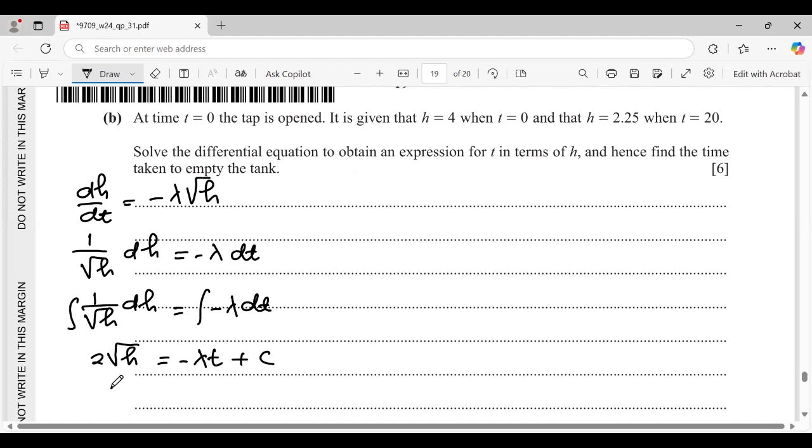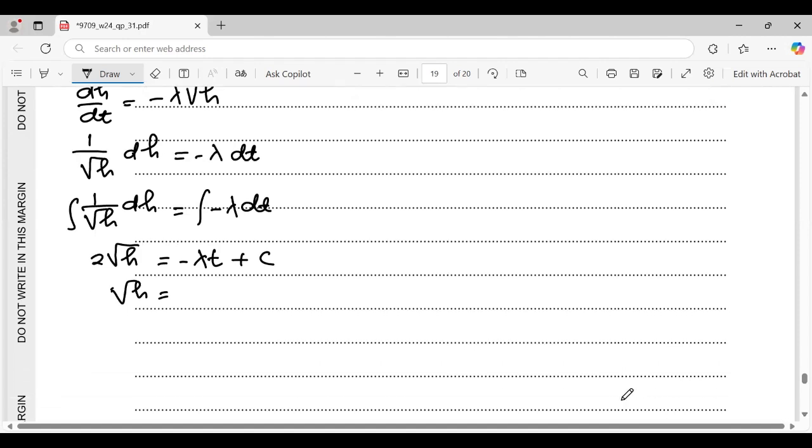So square root h equals minus lambda t plus c over 2. So t equals c minus 2 square root h over lambda.